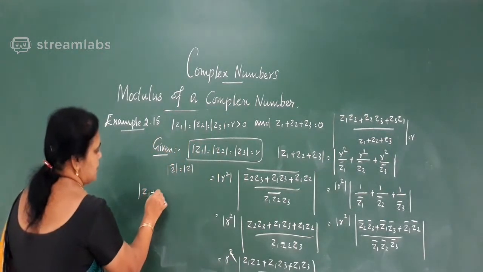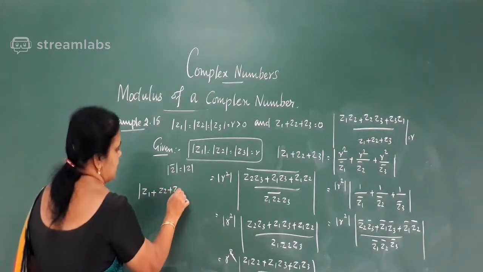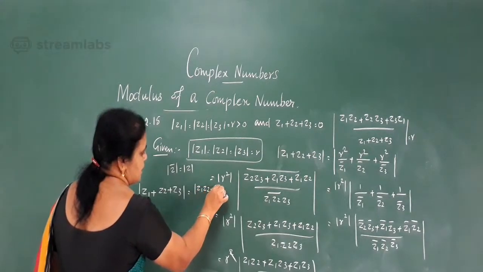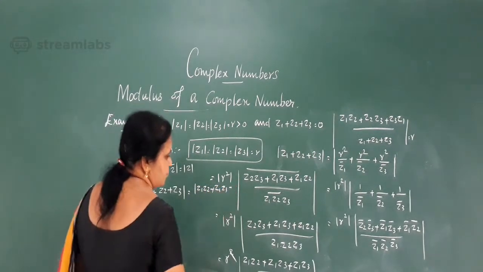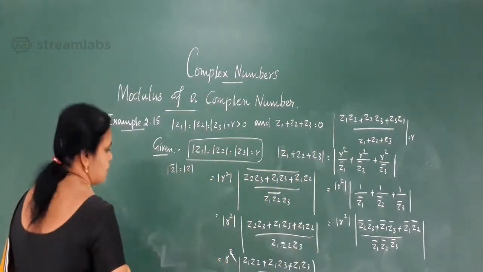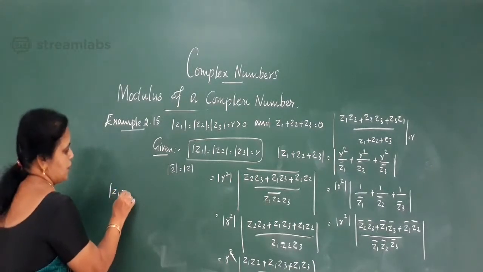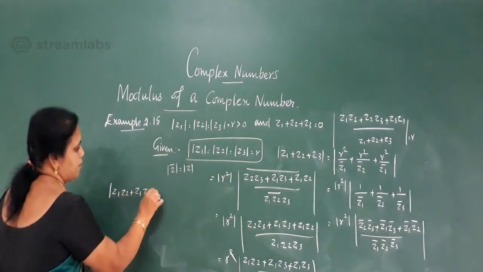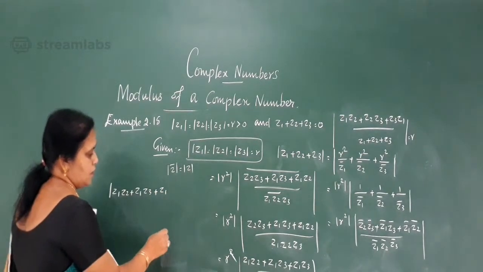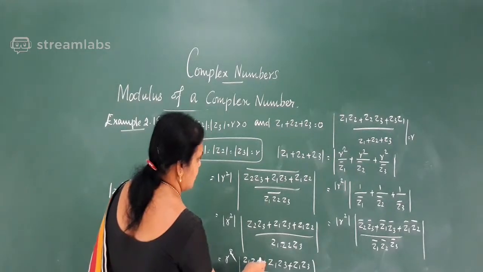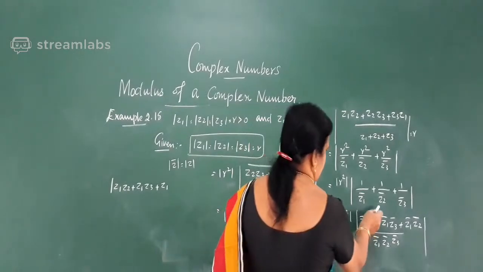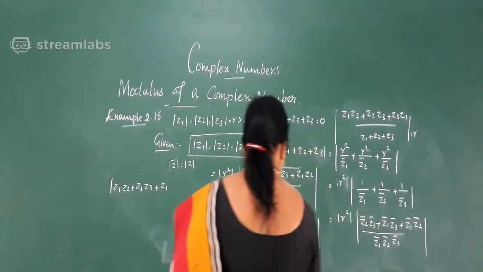Modulus of Z1 plus Z2 plus Z3 is equal to modulus of Z1 Z2 plus Z1 Z3 plus Z2 Z3, Z1 Z3, Z1 Z2.